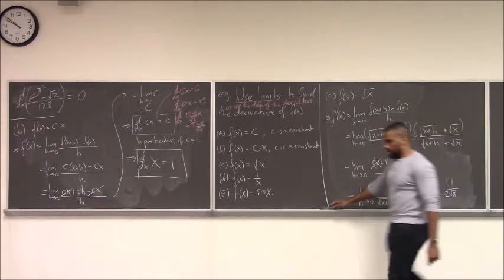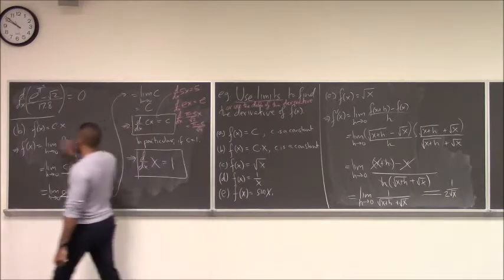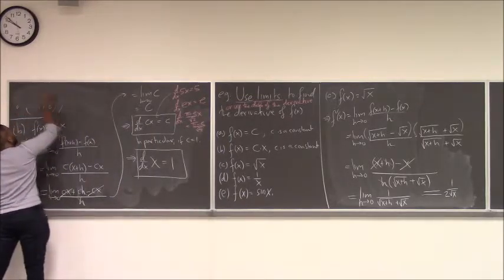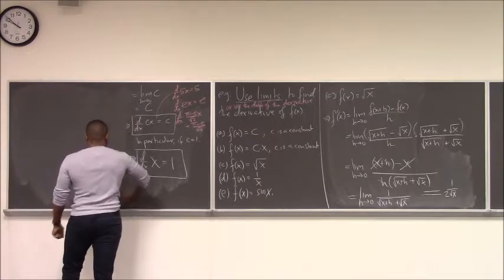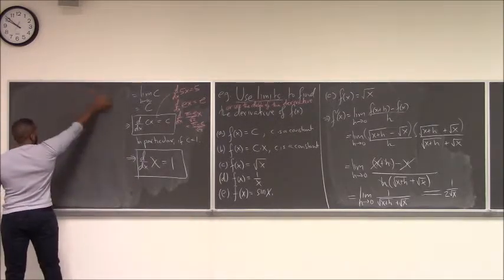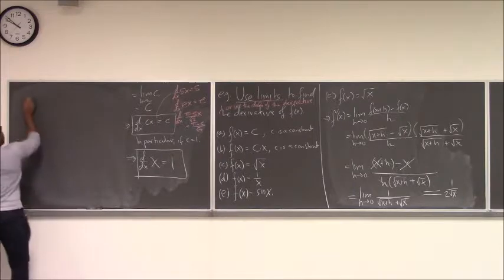So at this point, square root of x is a very common function for us to take derivatives of. Let's just make that a rule. So whenever I see square root of x and I want the derivative, it's 1 over 2 radical x.